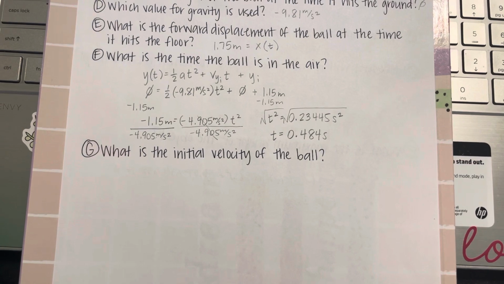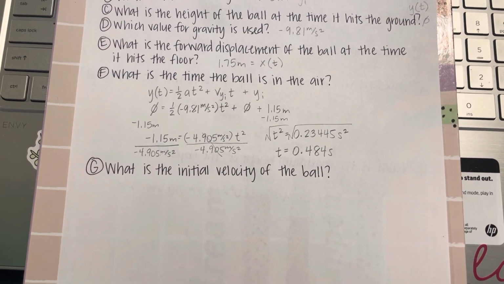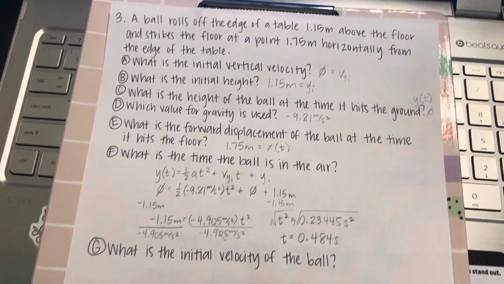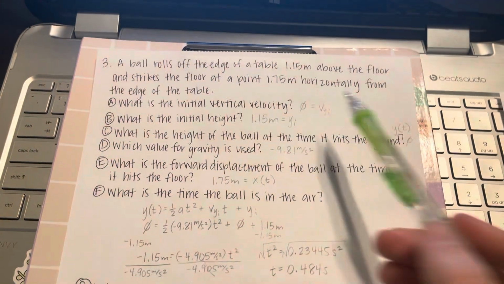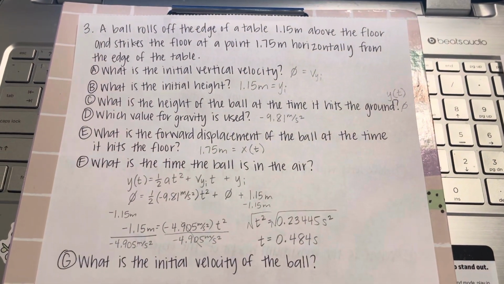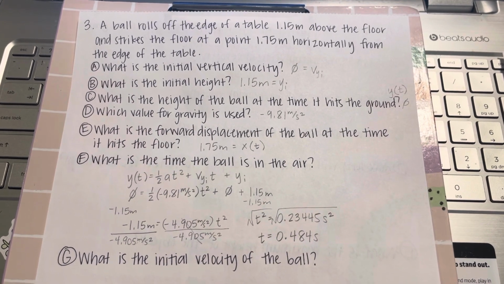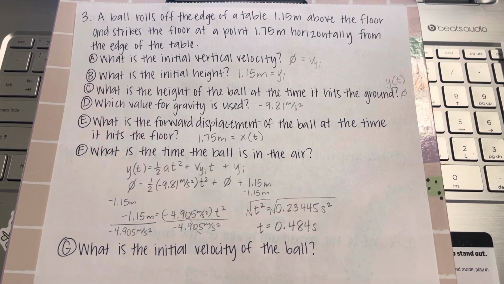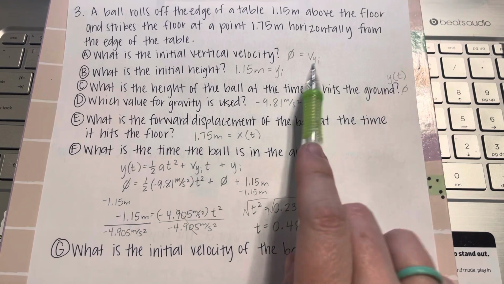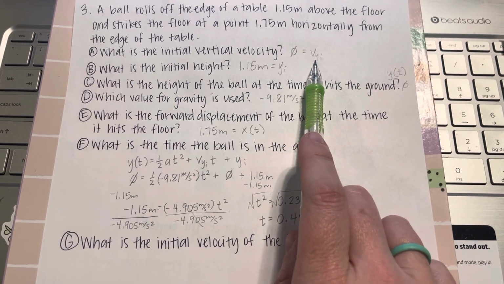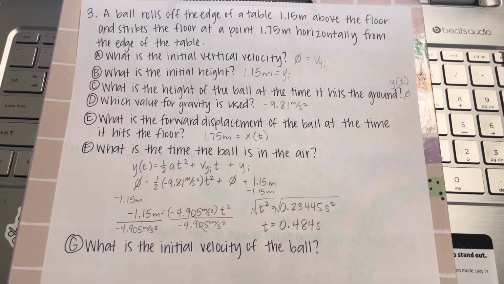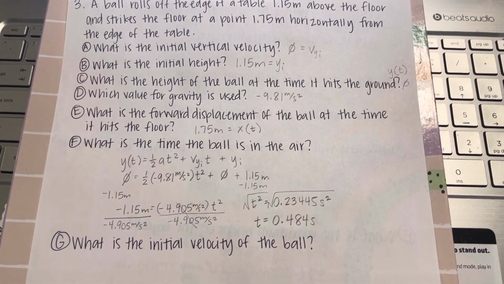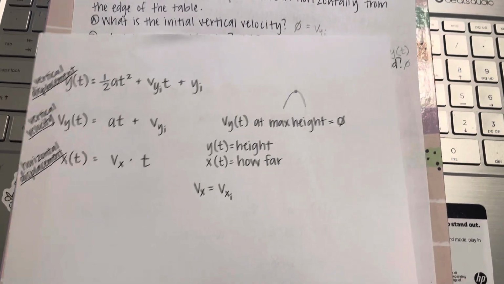Part G is asking, what is the initial velocity of the ball? Well, you might be thinking, oh, we already know the initial velocity is 0. But for this one, I know the ball was moving, but how quickly was it moving? So in this instance, it's not asking me for the initial vertical velocity because it wasn't moving vertically. So I'm trying to find the initial horizontal velocity.